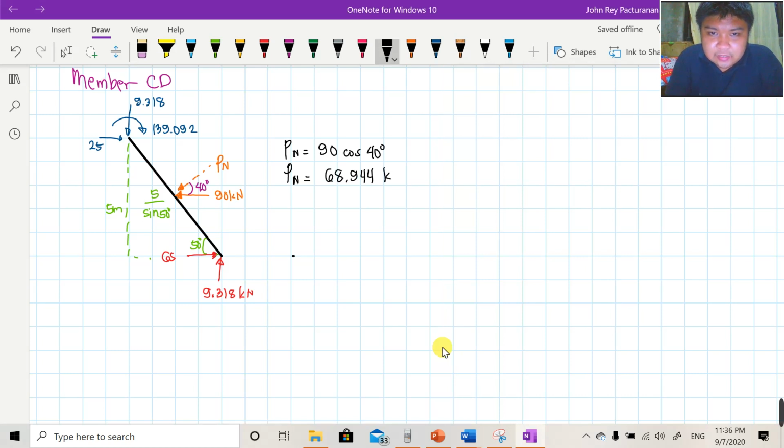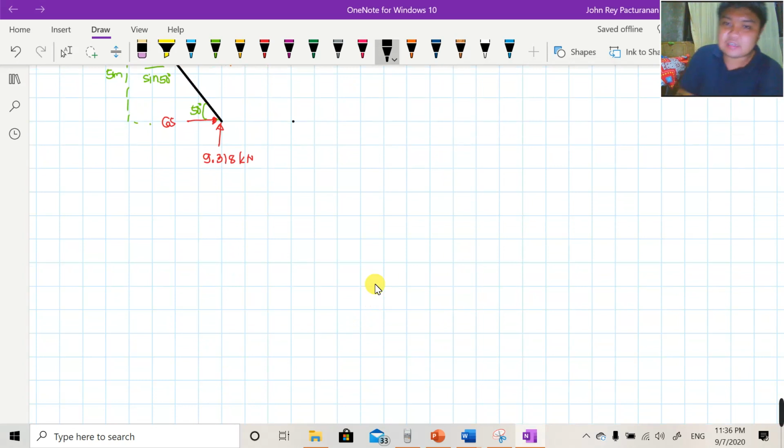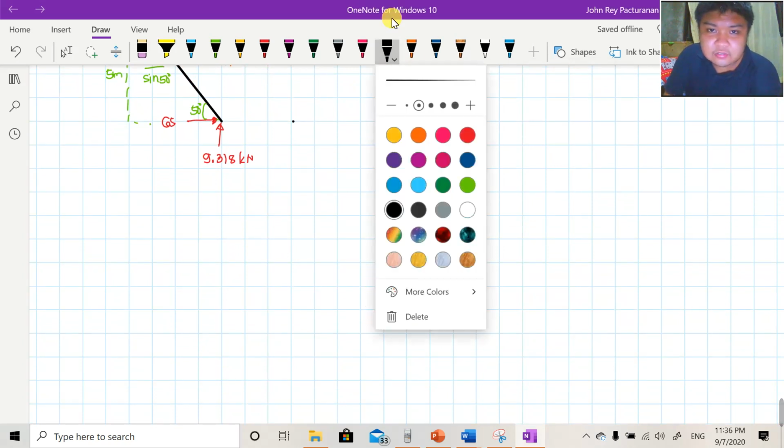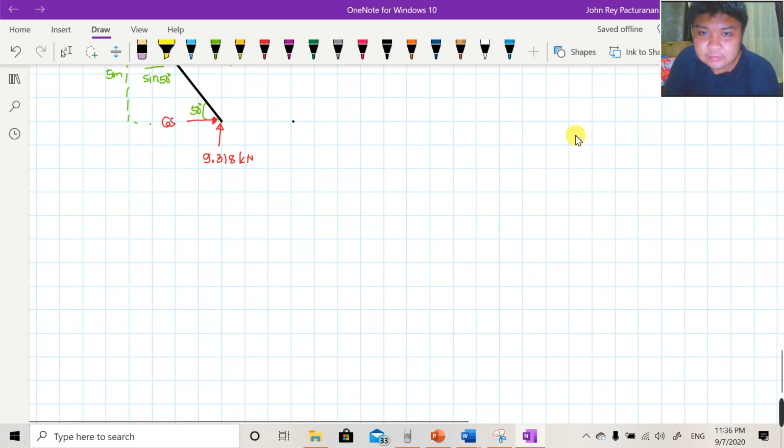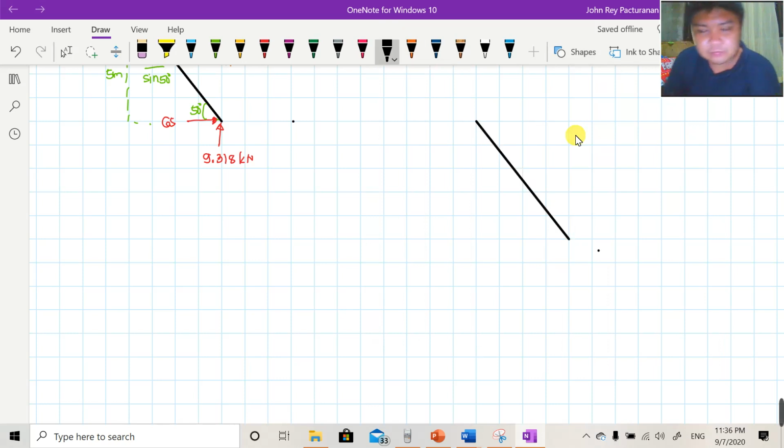And therefore, I think ready na tayong mag-sketch ng shear and moment diagram. So, i-ready ko lang class yung ating pagdodrawingan. So, halimbawa, ito yung ating beam. Tapos, syempre, di ba, hindi mawawala yung mga dash-dash ko class.